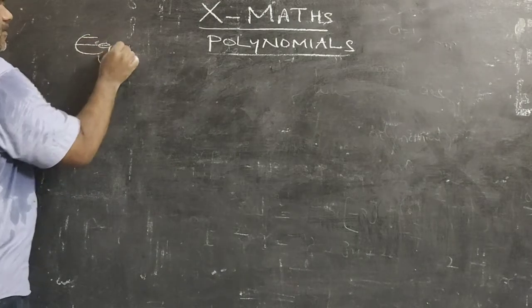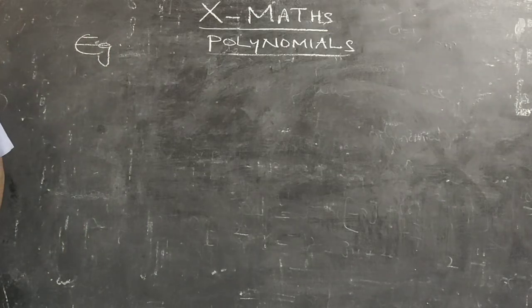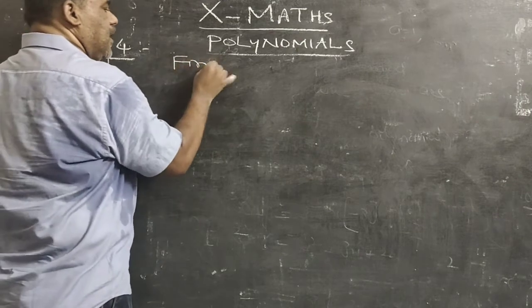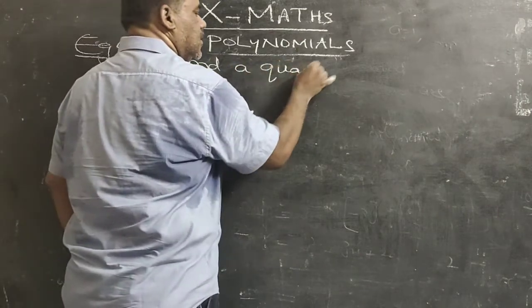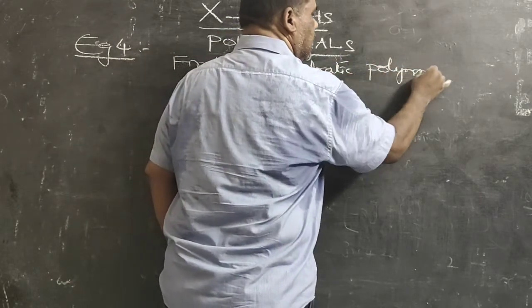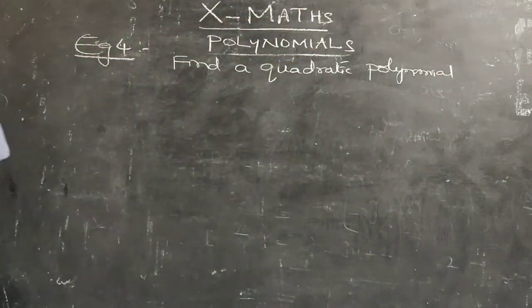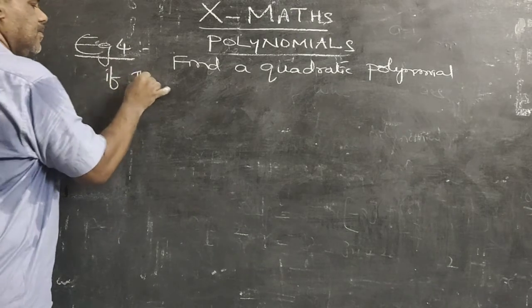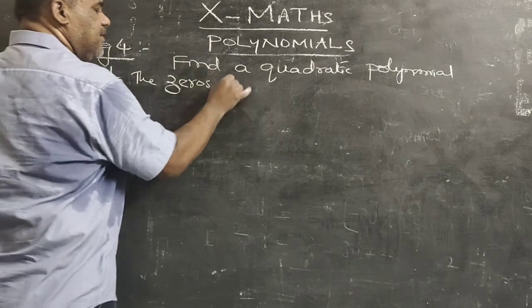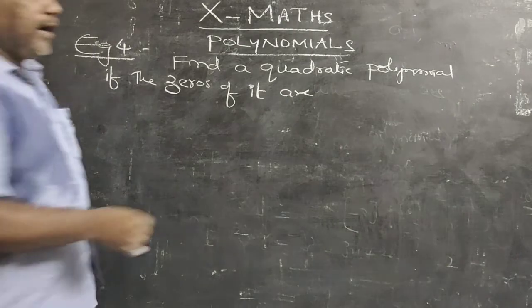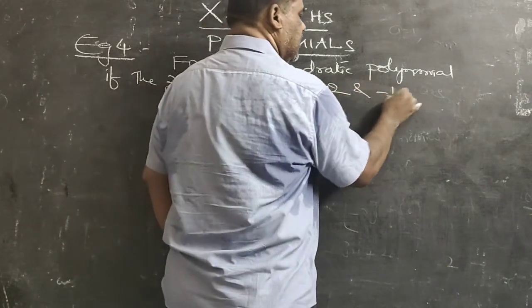Right, next example. Find a quadratic polynomial if the zeros of it are 2 and minus 1 by 3 respectively.